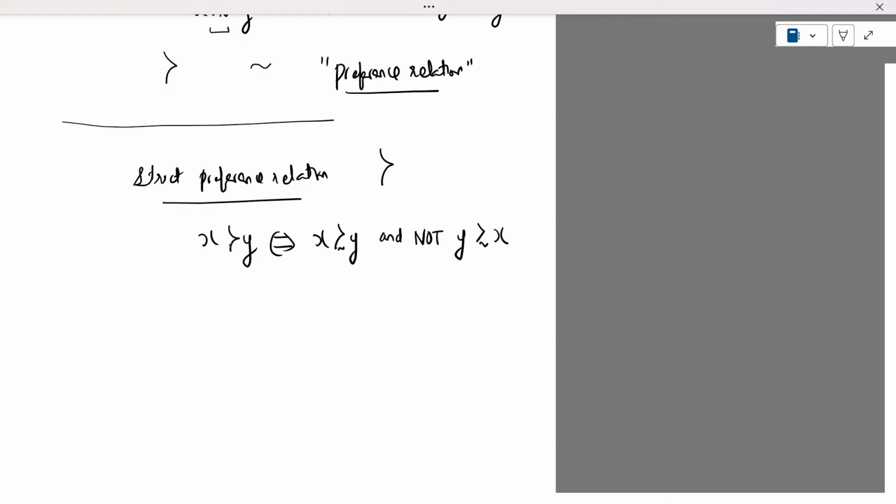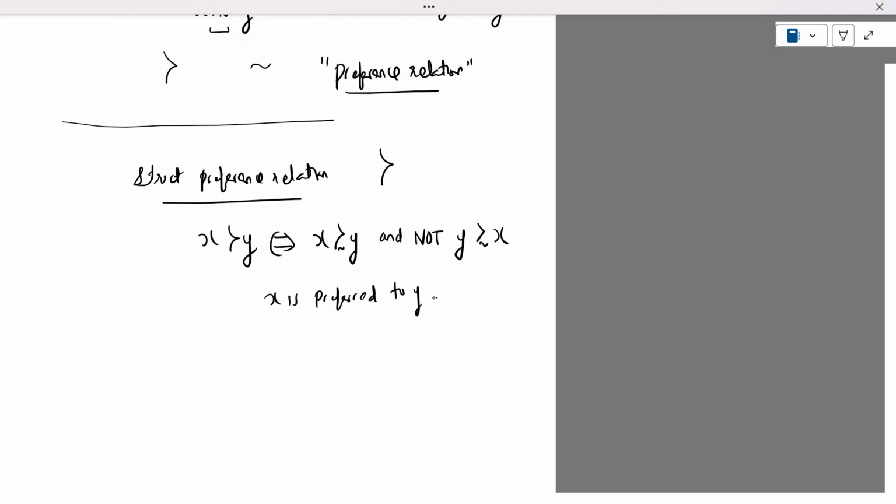That is, x is at least as good as y, but y is not at least as good as x. Therefore, x is genuinely better than y, not merely tied with it. So this relation captures the idea of strict ranking.